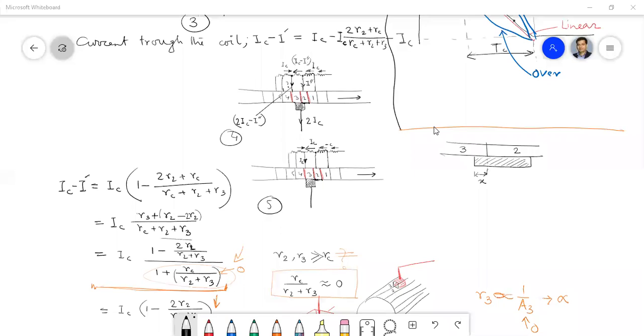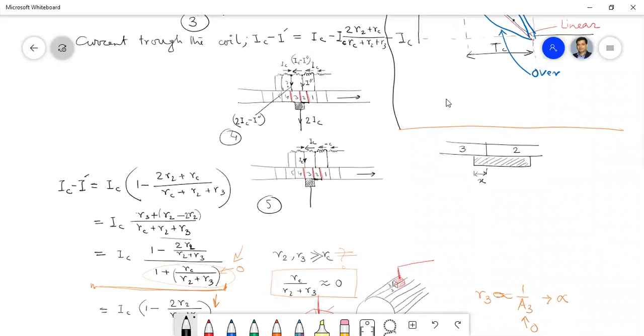So, what I was trying to say is, suppose x is the contact with brush 3 and the rest of the contact is with brush 2. Now, if the peripheral velocity of this is vc, as we have taken last class, what is the expression of vc?